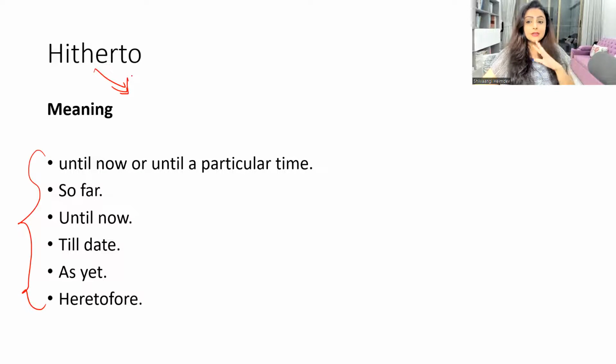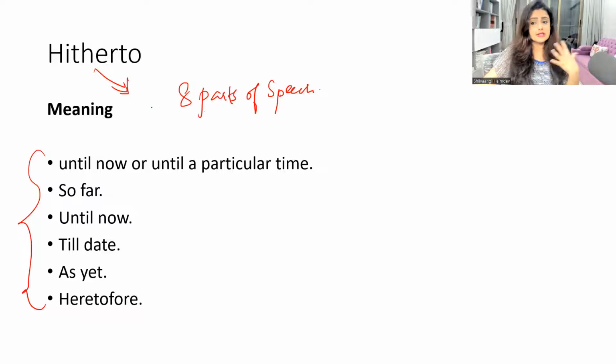I hope we all know that the English language has 8 parts of speech. And before you put any word to use in a sentence, you have to know the part of speech of that word. So whether it is a noun, a verb, an adverb, an adjective, and so on and so forth.